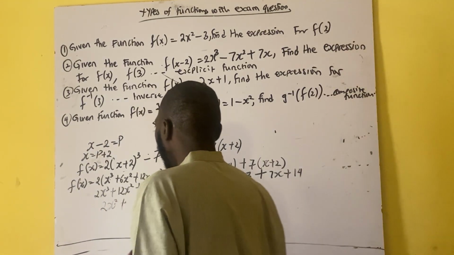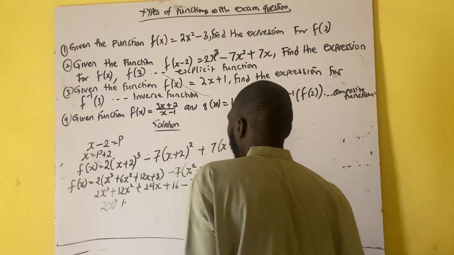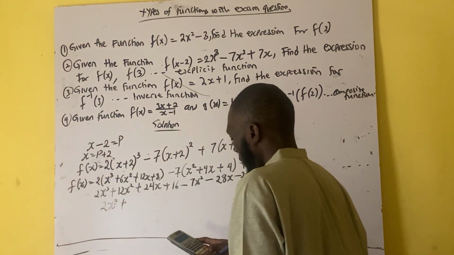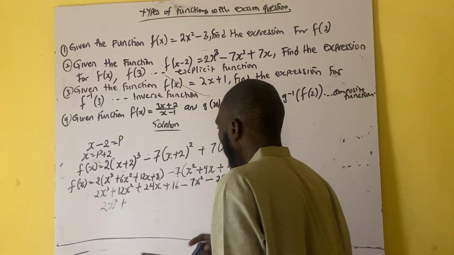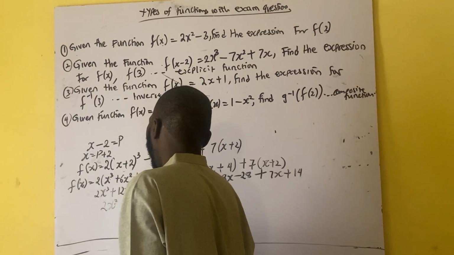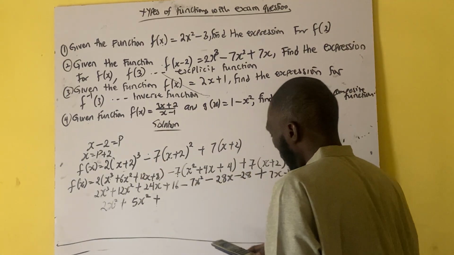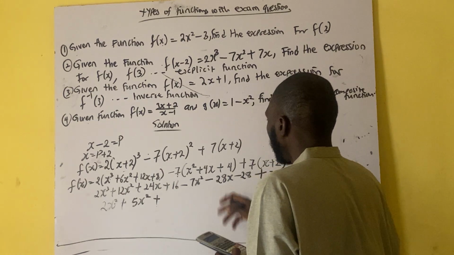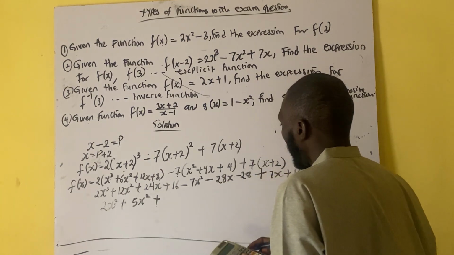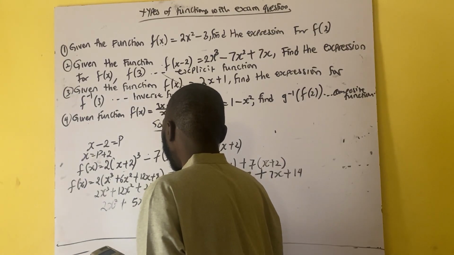So plus, now for what is there now is that 2x squared minus 7, 12 minus 7, I have 5. So I'll be having here as 5x squared plus here is 24. We have 24 minus 28. I'll be having it as what? Minus 4. So I'll be having here is minus 4x.